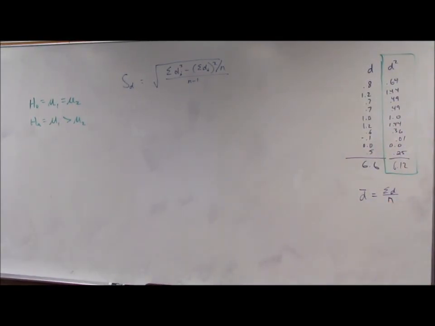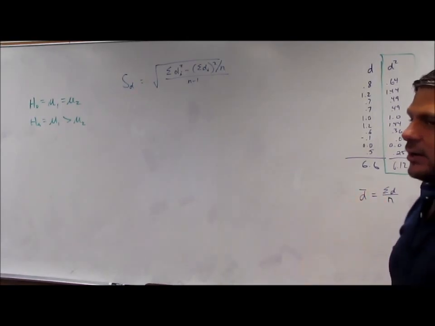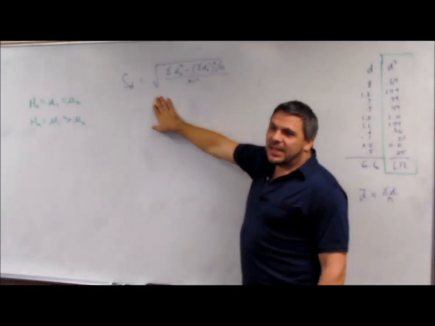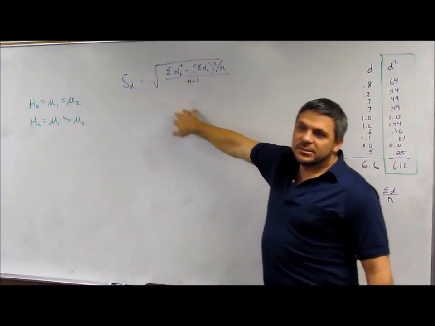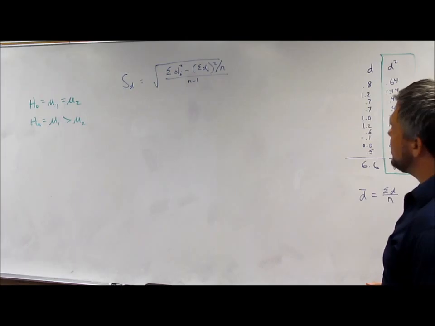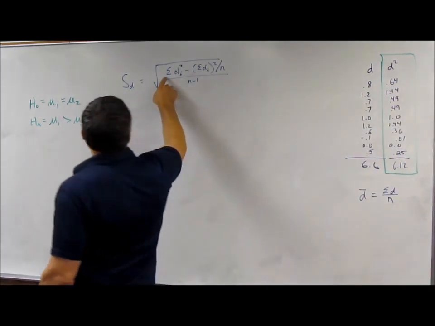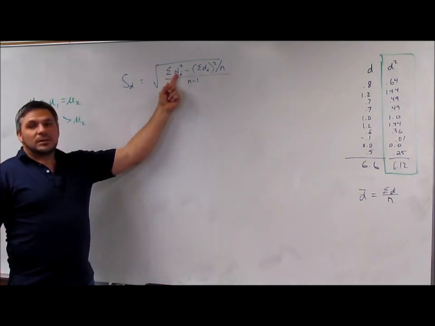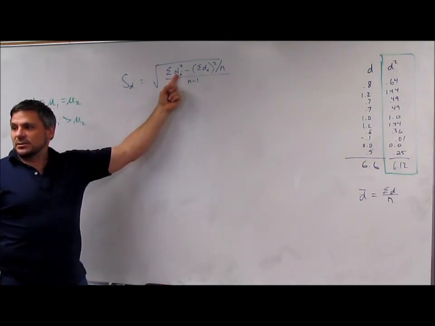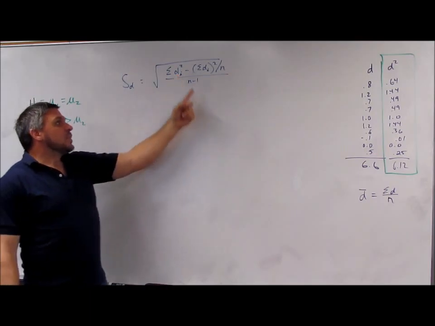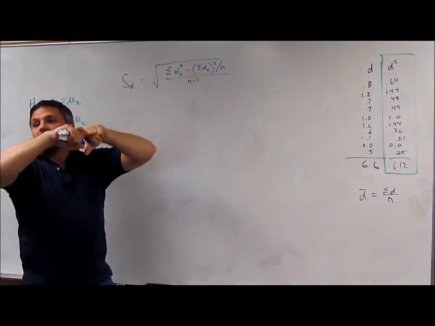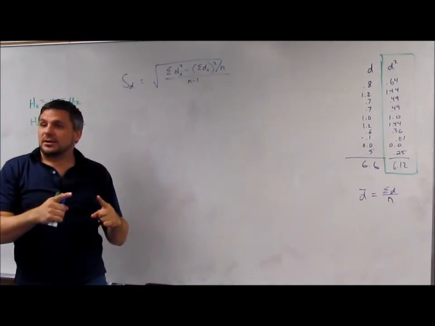What I like to do is, if I know I'm going to have to deal with the formula for finding the standard deviation, the standard deviation deals with the summation of the difference squared, minus the summation of the difference quantity squared.